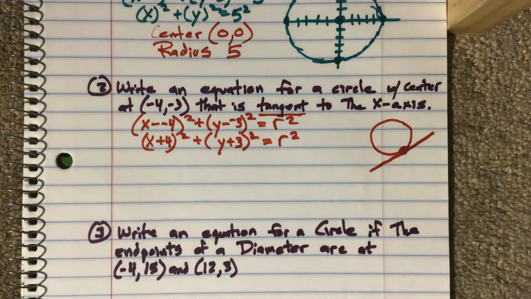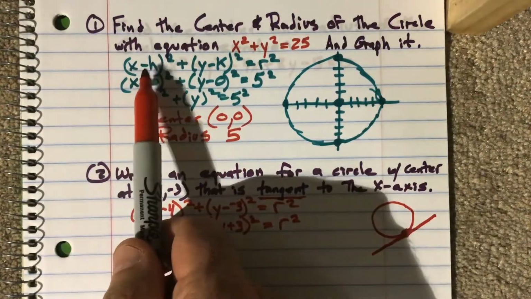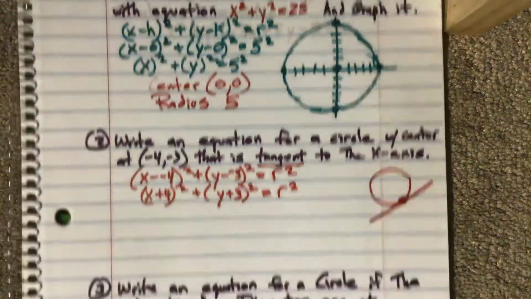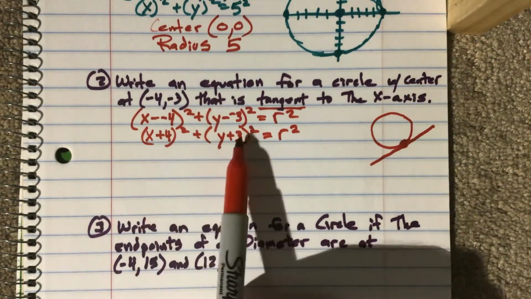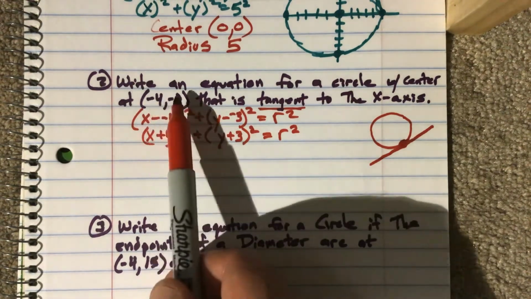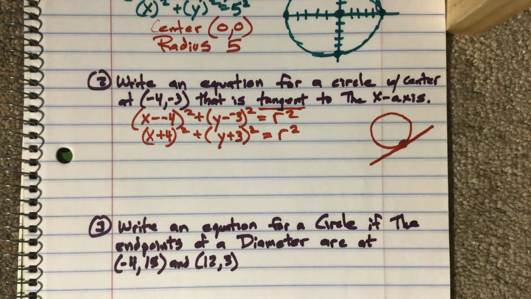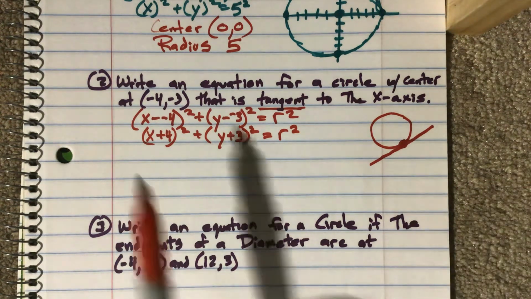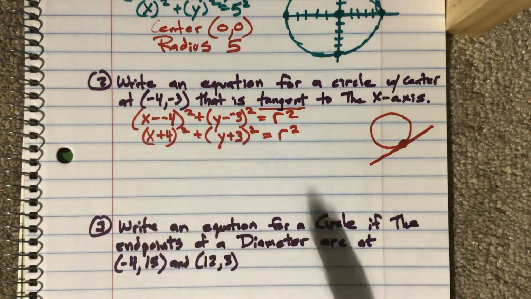Notice that the general form of the equation of a circle always has minus here and minus here. In this case, we see plus and plus, which means the center must be at negative numbers, and that's what they gave us: -4, -3. So when the x and y coordinates of the center point are negative, we end up with a plus in our formula. That should be somewhat obvious.